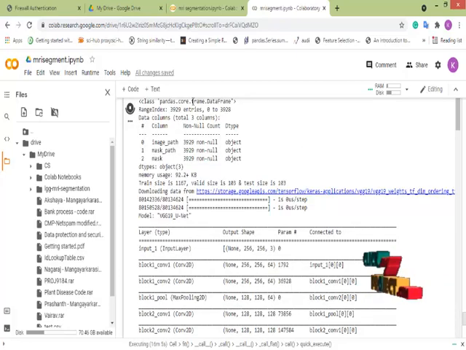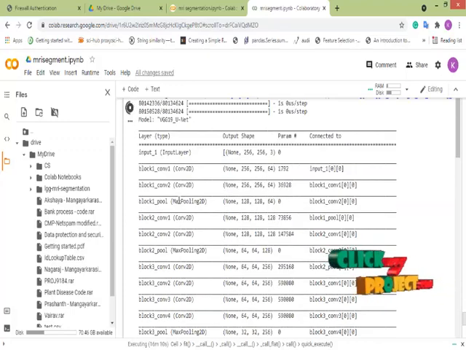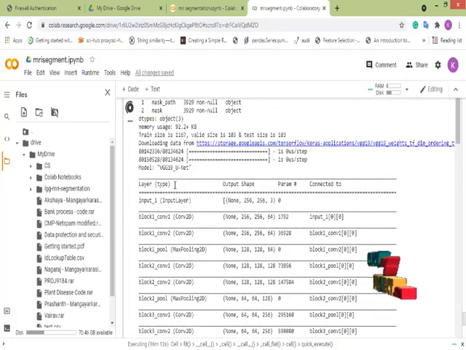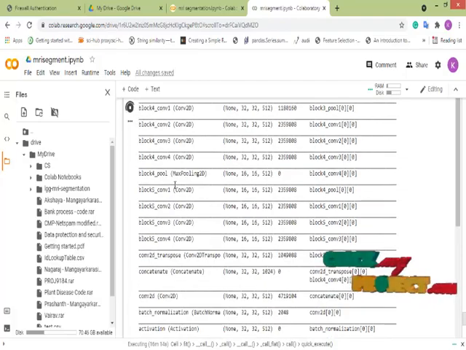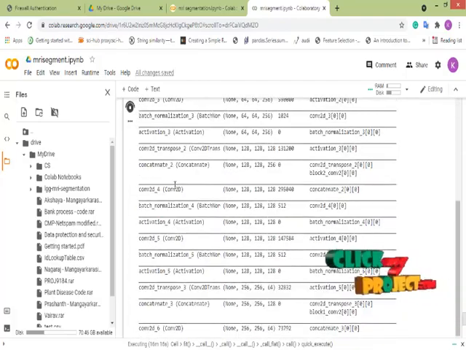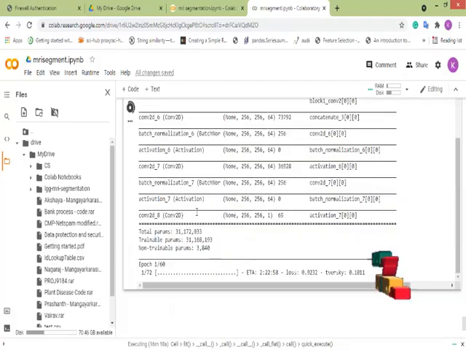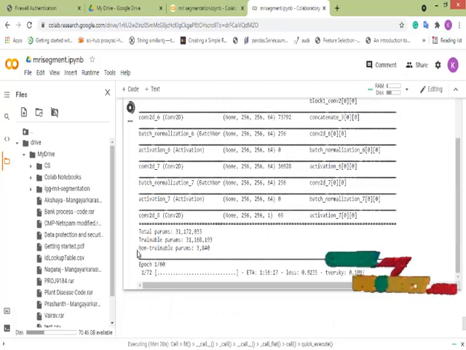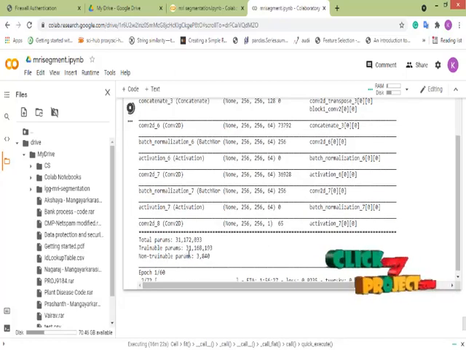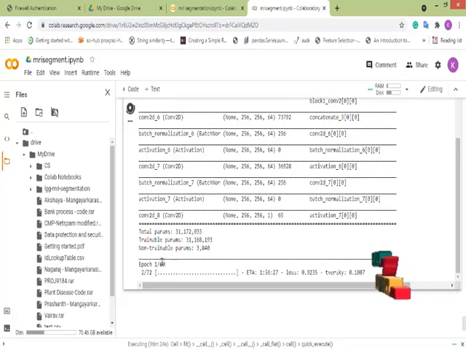Now the VGG19 U-Net segmentation has started running here. These are all the layers under the U-Net. The total parameters are this, trainable parameters are this, and non-trainable parameters are this. Now the epochs have started running.